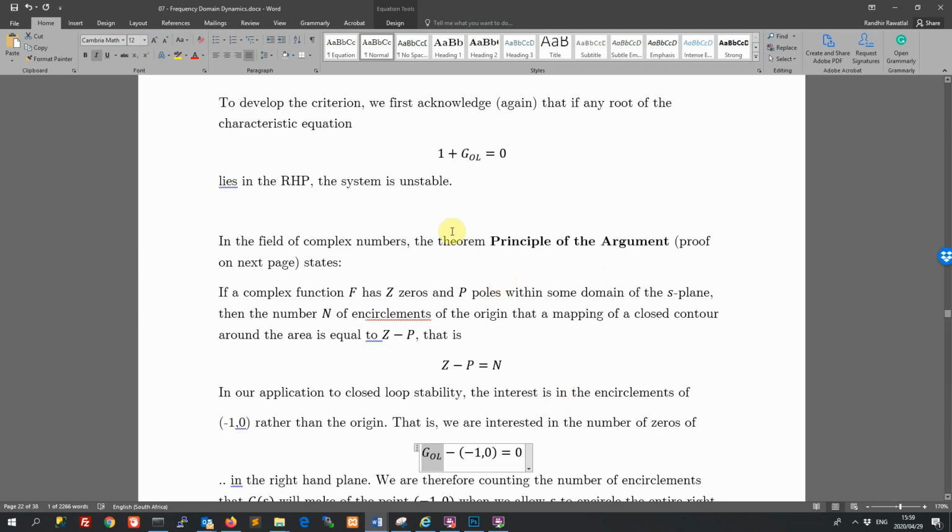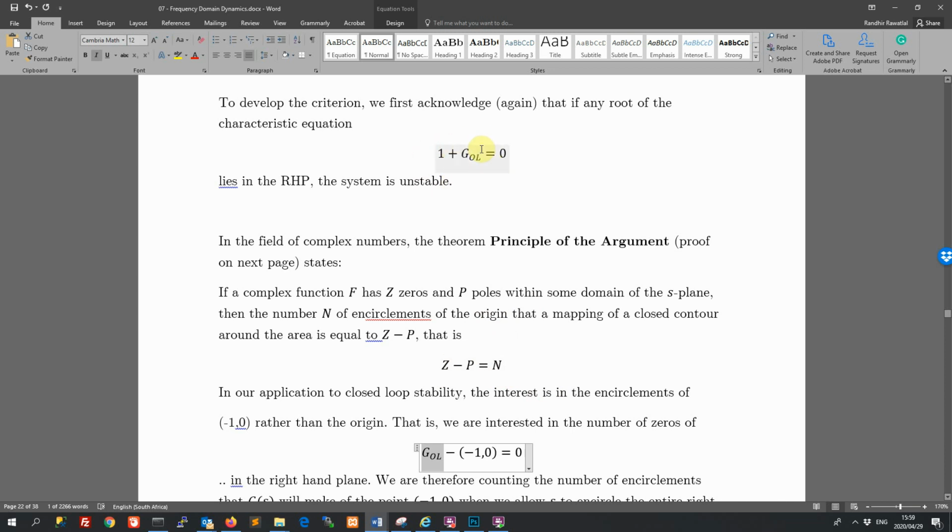Once more, the principle of the argument is that if we observe our encirclement at the origin, and if our poles are 0, then the number of times we encircle that origin equals the number of zeros there. And if we choose the encirclement to be around the entire right-hand plane, if we let S be around the entire right-hand plane, then the number of encirclements by our function 1 plus G is going to be the number of zeros we have for that function.